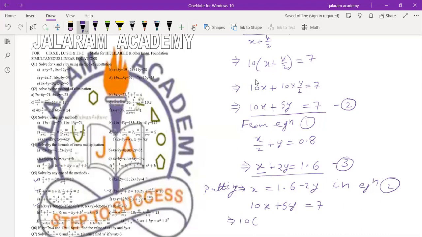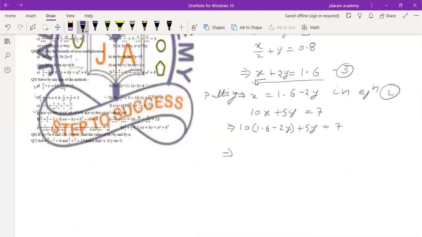So it implies 10 into the value of x, which is 1.6 minus 2y, plus 5y equals to 7. It implies 10 into 1.6, we know that the decimal will be removed, 16, minus 10 into 2y, 20y, plus 5y equals to 7.